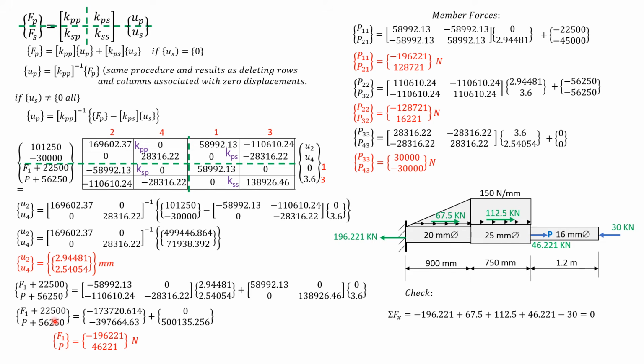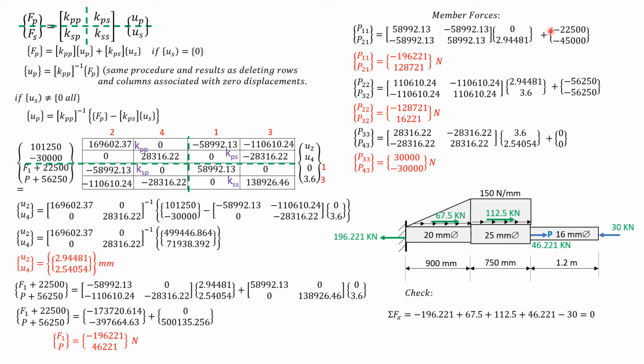So this is 56,250. So you'll get F1 equals negative 196,221 and P is 46,221, which is almost the same as before, 46,220.